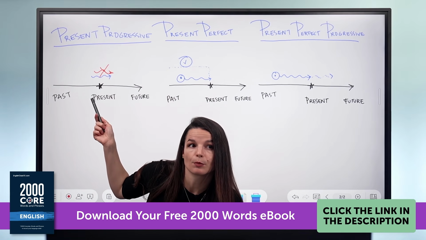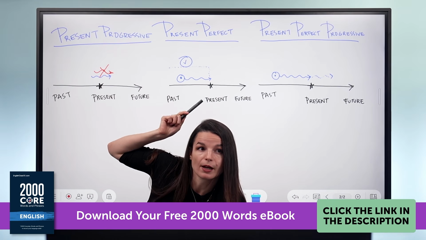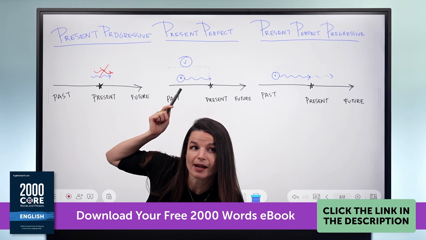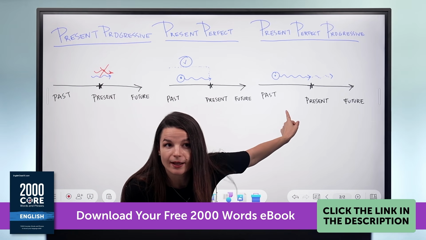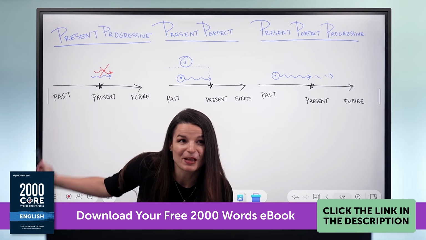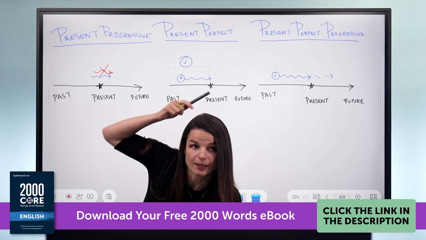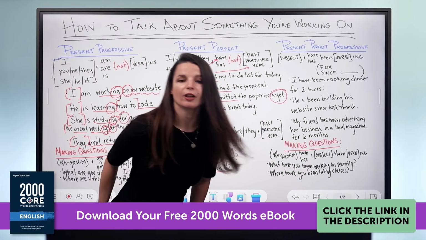This one, present progressive, is happening now. This one happened at a point in the past, right? This one is continuing, started in the past, continues, and keeps going, okay? So maybe you can see the differences between these three, okay? Let's continue. I'll check your answers quickly.